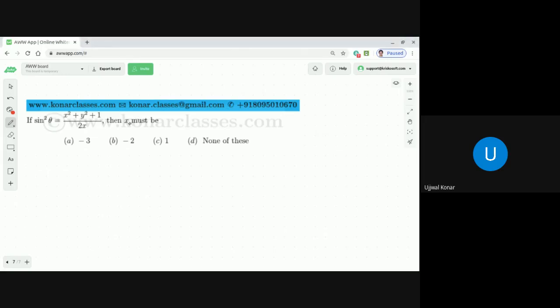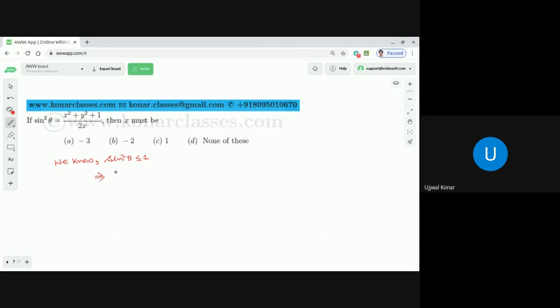Okay, dear students, always remember whenever you get this kind of questions, always remember that sine square theta is always less than equal to 1. Correct, na, dear students? So we know sine square theta is less than equal to 1.